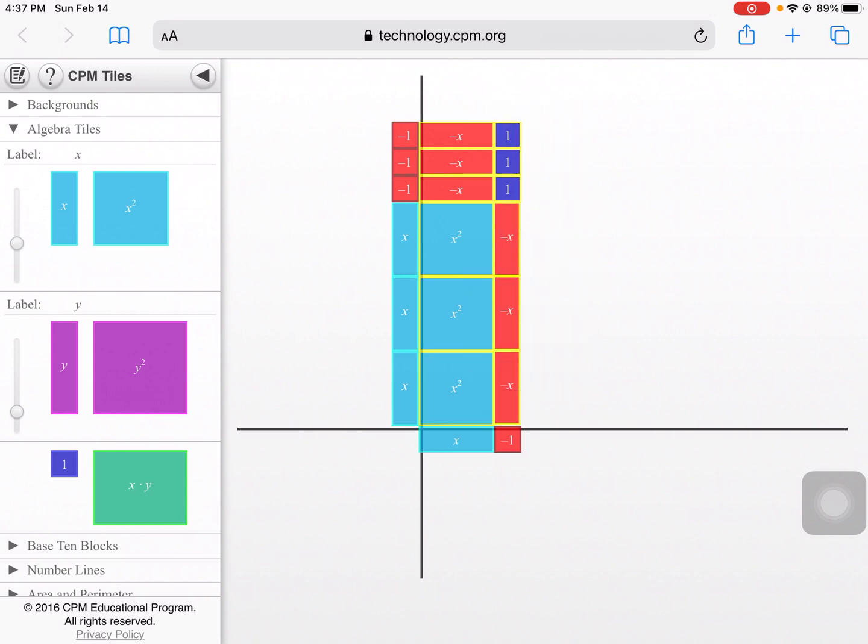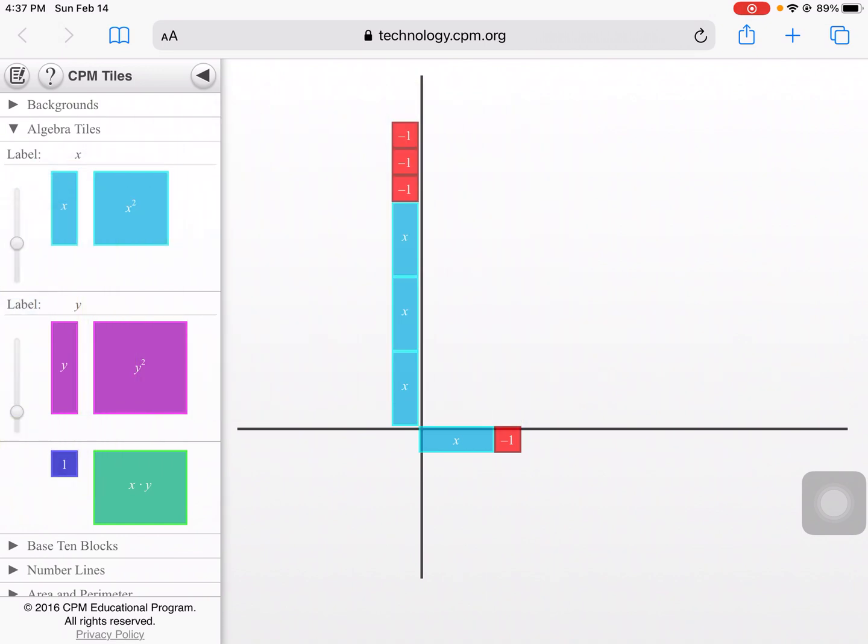So we'll get rid of these ones and these two. So I have x minus 3 on this bar, and I'm going to put x minus 3 on the horizontal line.